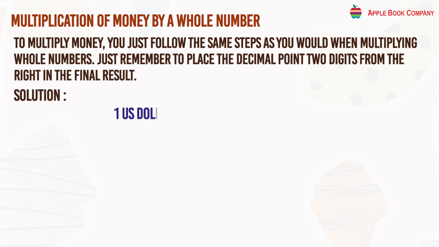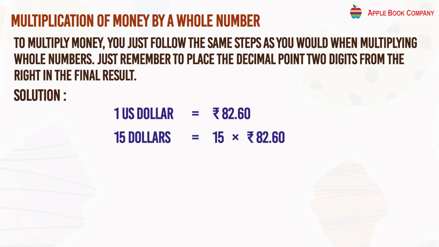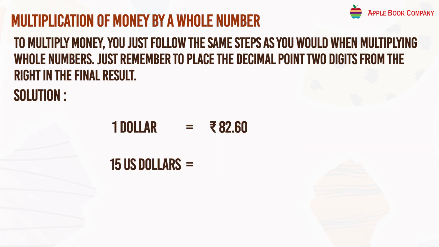Solution: 1 US dollar equals rupees 82.60. 15 dollars equals 15 into rupees 82.60 equals rupees 1239.00. The cost of the item in Indian rupees is rupees 1239.